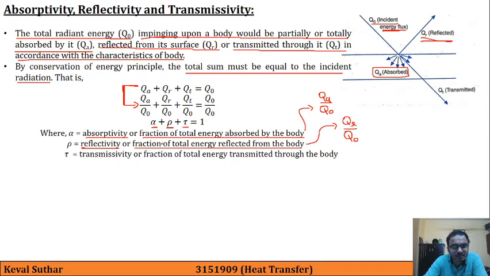Third is called transmissivity, that is fraction of total energy transmitted through the body, that is Qt divided by Q0.